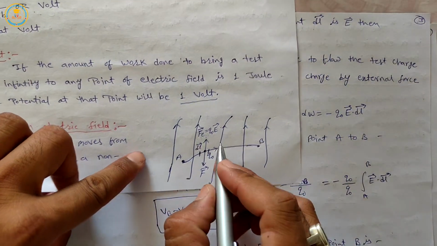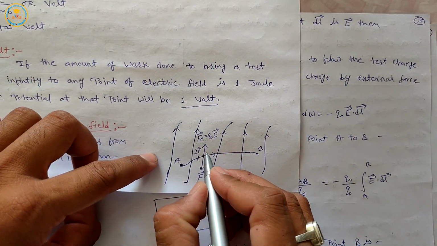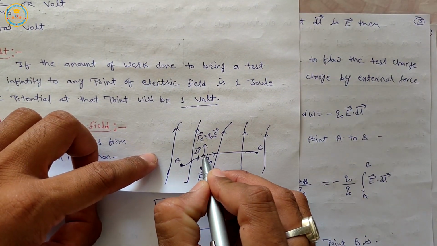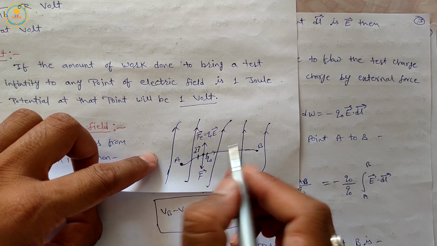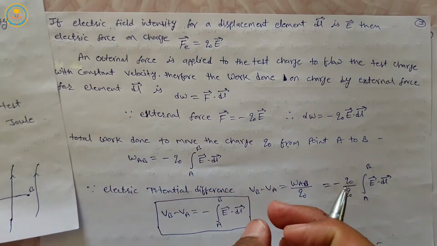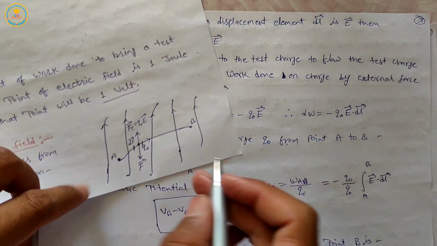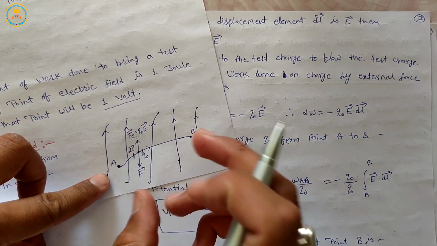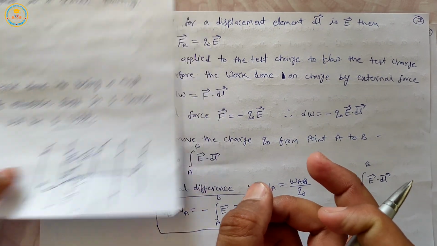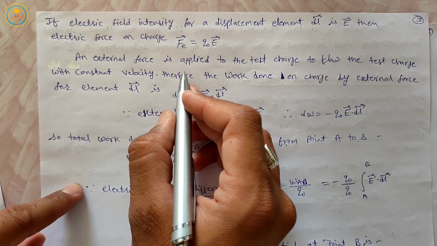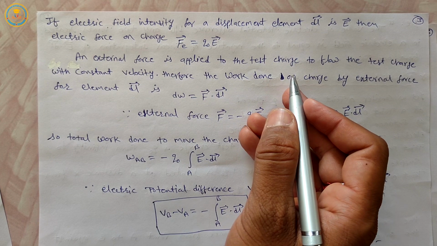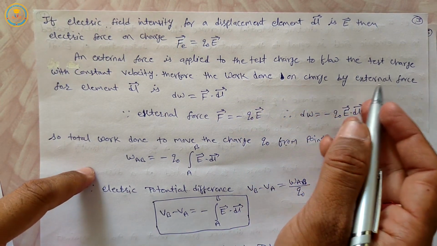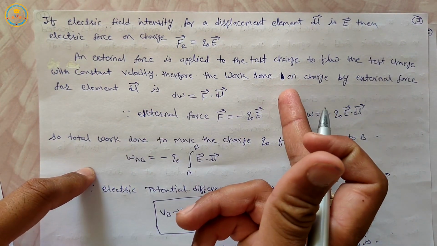Here an electric force acts on this test charge. For constant velocity of this test charge, we apply an external force. An external force is applied to the test charge to move it with constant velocity.